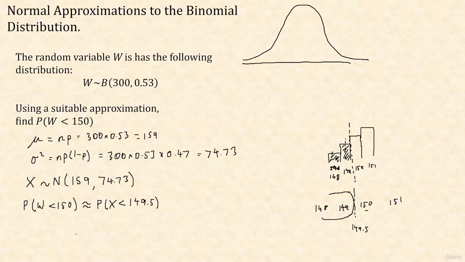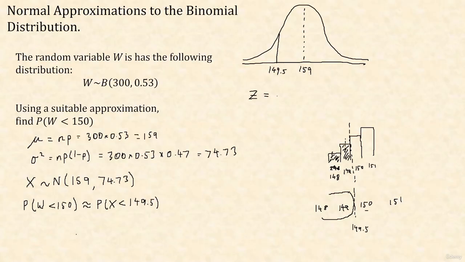So to solve this, let's draw our sketch. We have a normal distribution with a mean of 159, and we're looking for the probability that X is less than 149.5. So let's standardize to find the z value for this.